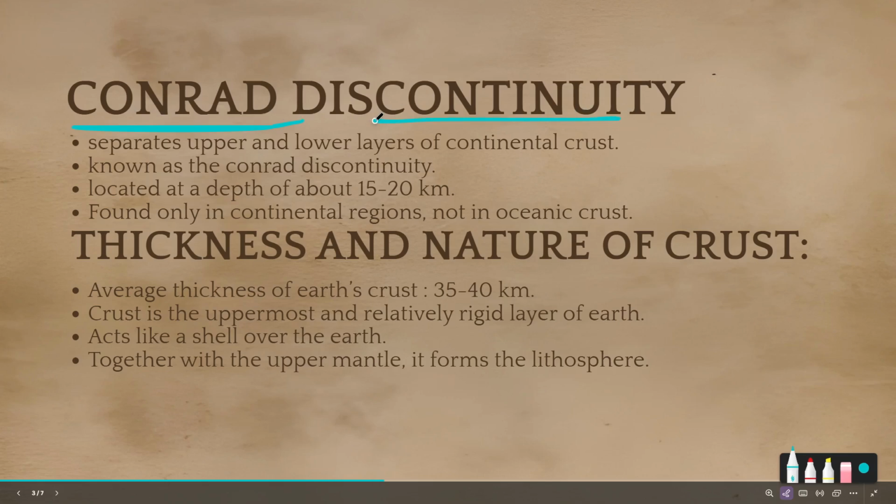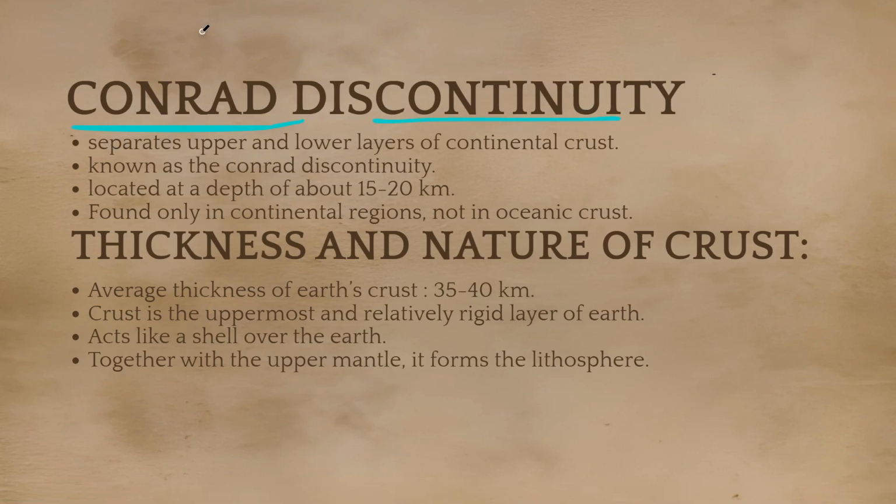Conrad discontinuity. As we have studied the Moho discontinuity, we have another discontinuity that separates the upper and the lower parts of the continental crust, known as the Conrad discontinuity, located at a depth of about 15 to 20 kilometers, found only in continental regions, not in oceanic crust.